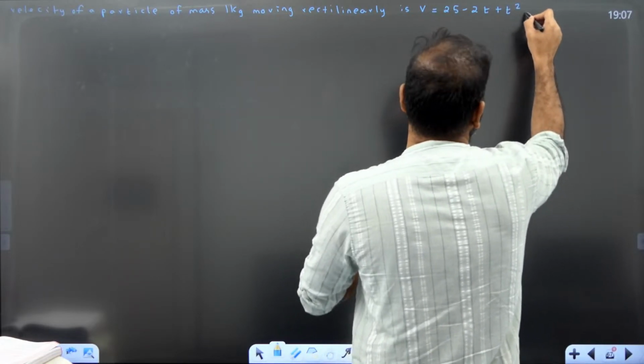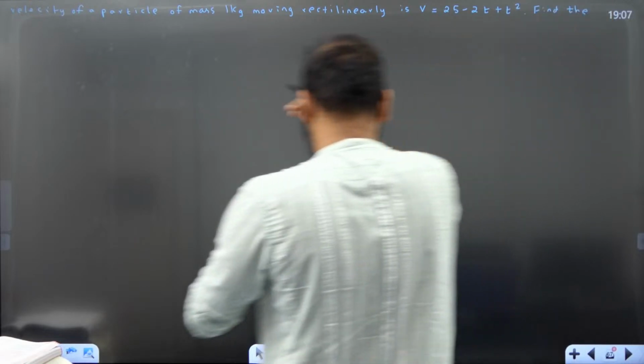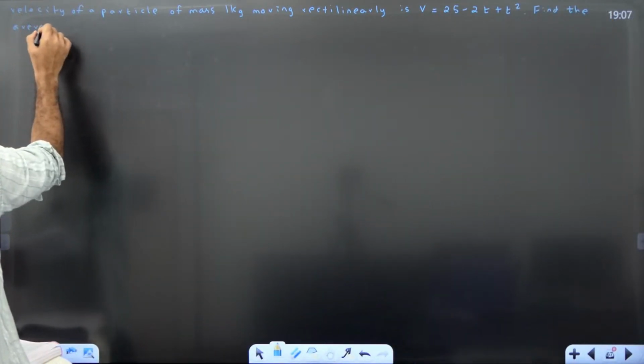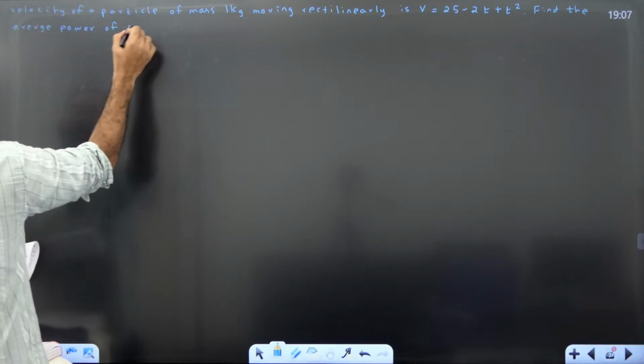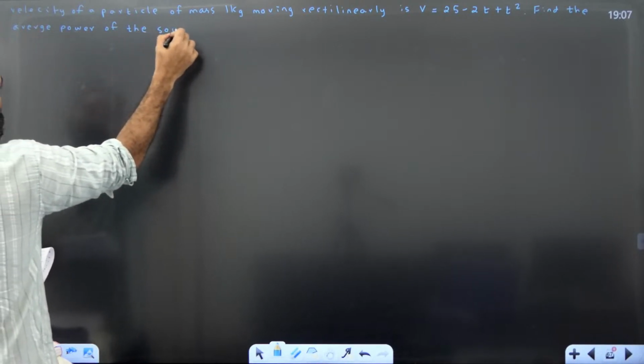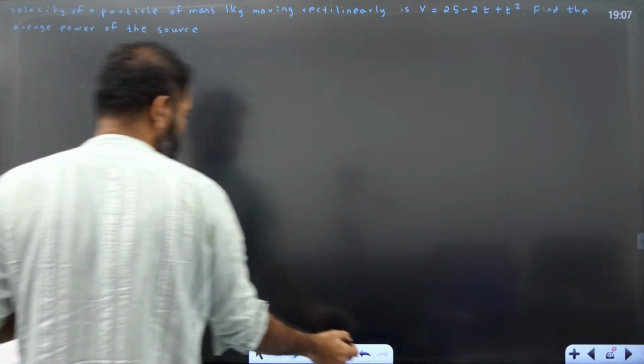Find the average power of the source of the force.